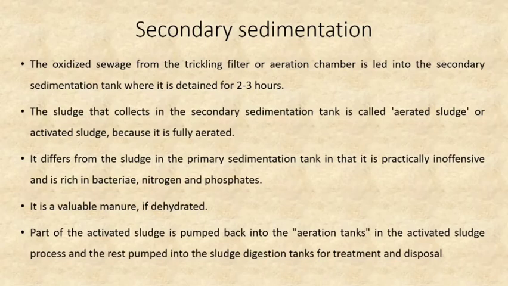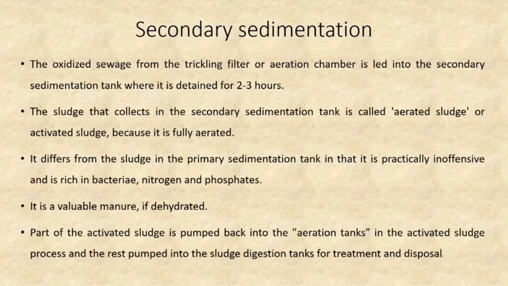Part of the activated sludge is pumped back into the aeration tanks in the activated sludge process, and the rest is pumped into the sludge digestion tanks for treatment and disposal. That means after aeration or oxidation, the sludge is allowed to sediment in a secondary sedimentation tank.